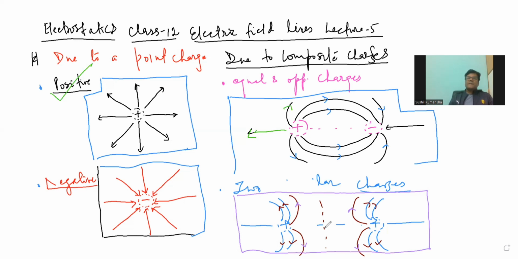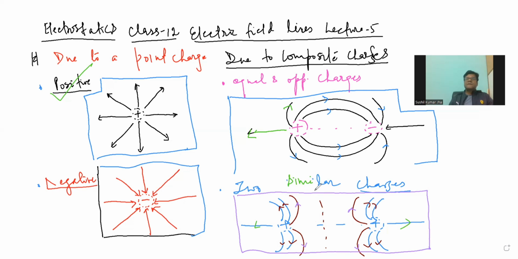And if we have two similar charges of the same magnitude, positive and positive, the field lines start away from the charges, but they are not meeting with each other, because they are interacting with each other, and so these lines are curved. So this way we can draw the field lines.